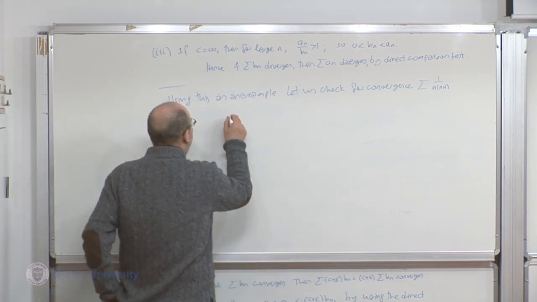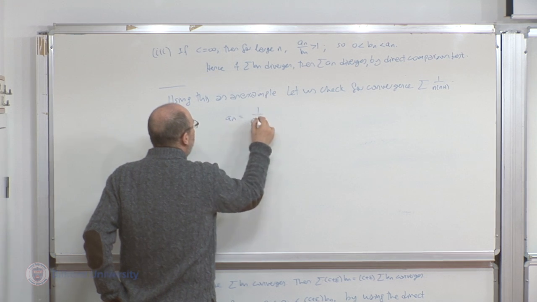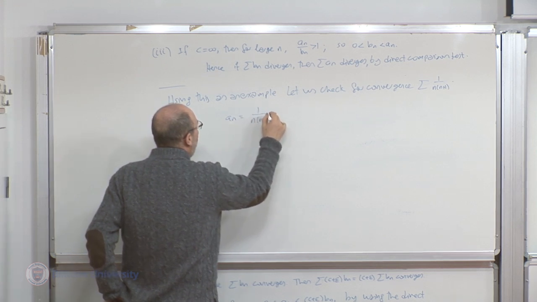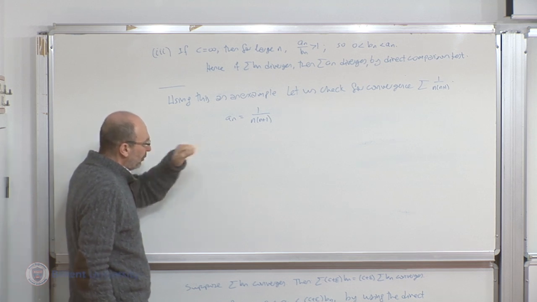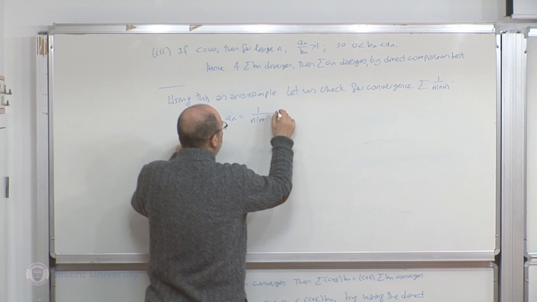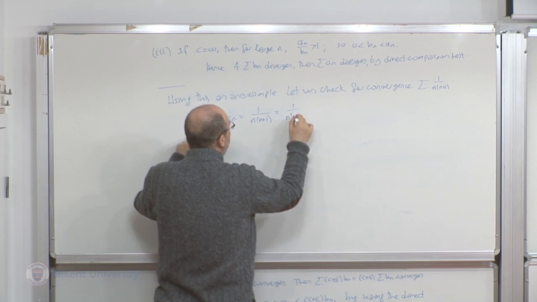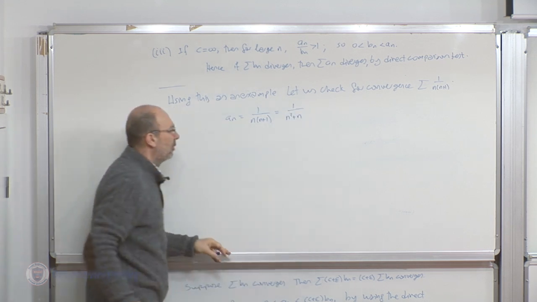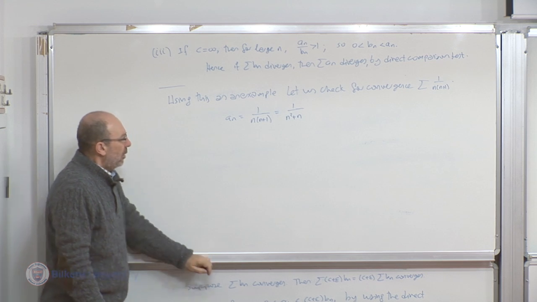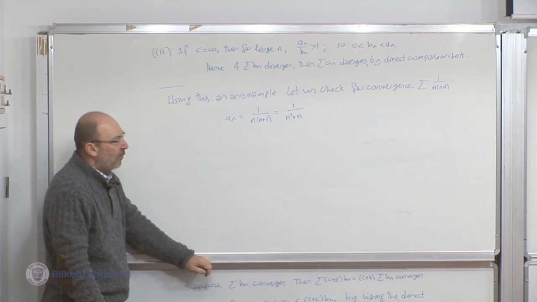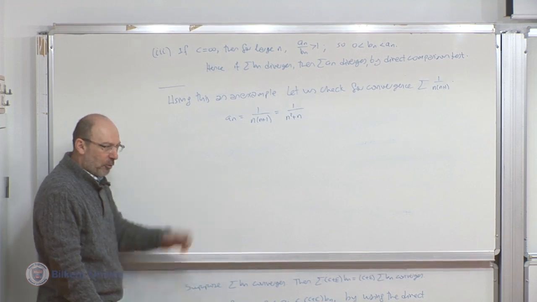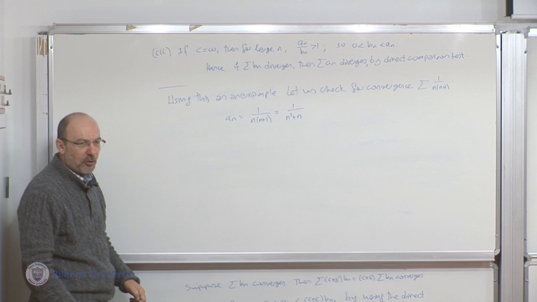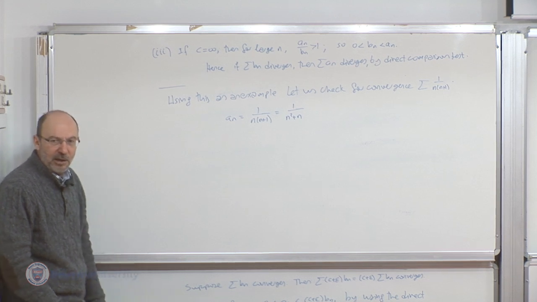Here An is 1 over n plus 1, which is equal to 1 over n squared plus n. Now, which test do you want to apply? How do we show that this converges? First of all, let's try to apply the direct comparison test.